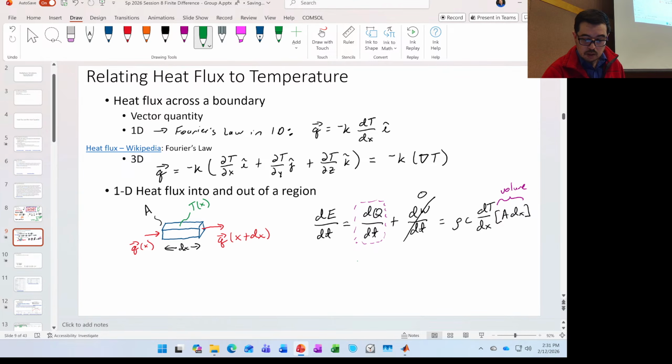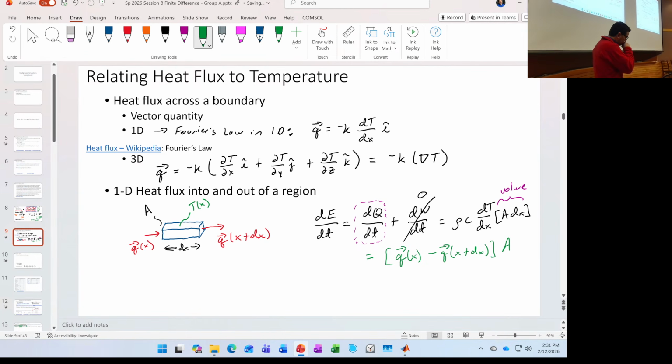So this dq dt, this big Q, is going to be equal to the Q into the system minus the Q out of the system, times the cross-sectional area, because we said that this is a heat flux.